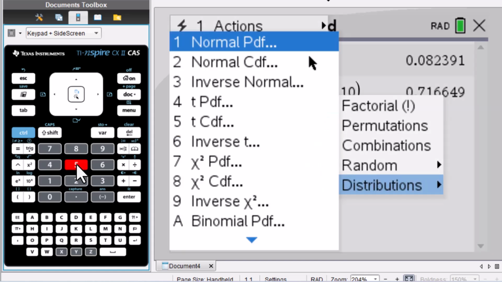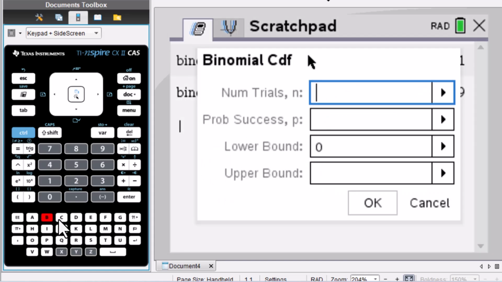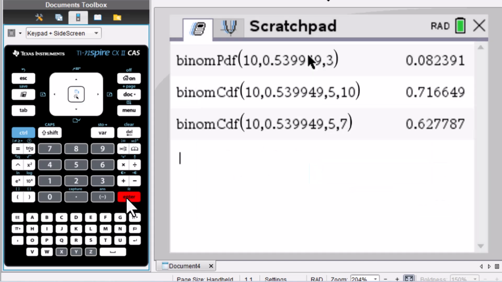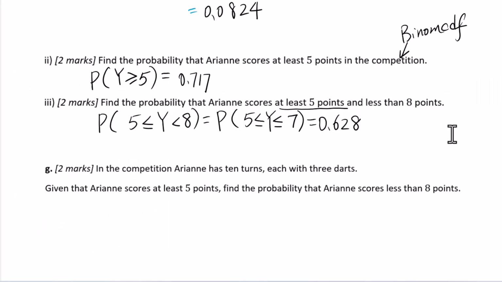Menu 5, 5, B. 10, 0.539949. Lower bound 5, upper bound 7. Enter, enter. Answer is 0.628.